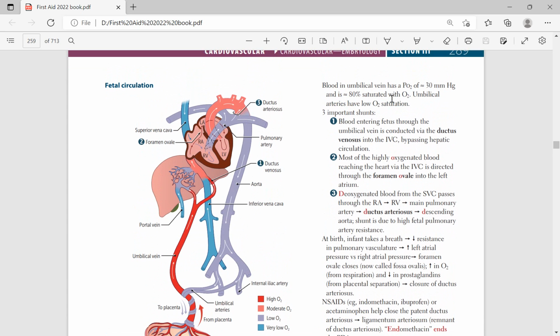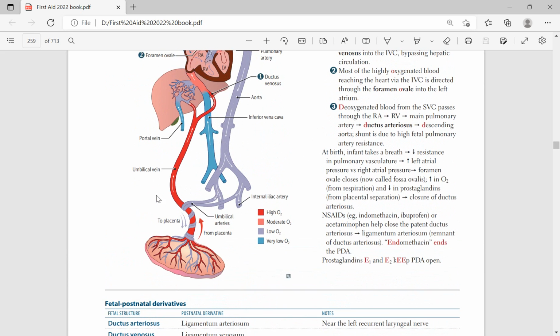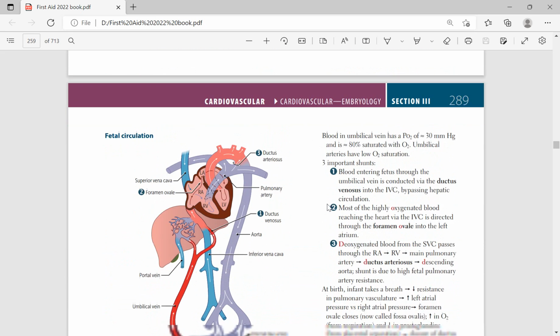In our body, arteries have oxygenated blood and veins have deoxygenated blood. But in the fetus, the umbilical vein is 80% saturated with oxygen and the umbilical arteries have low oxygen saturation.